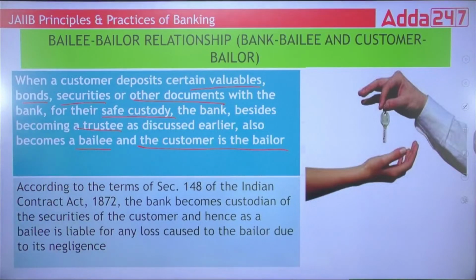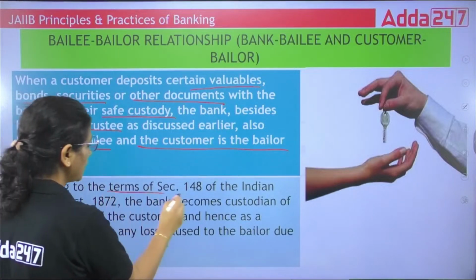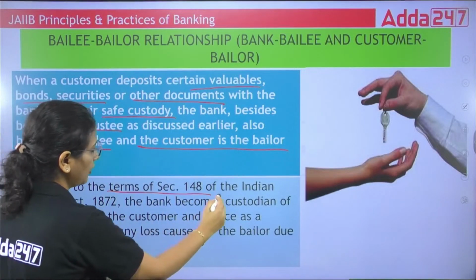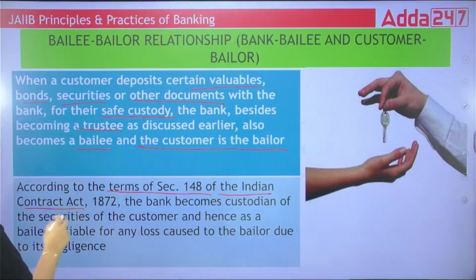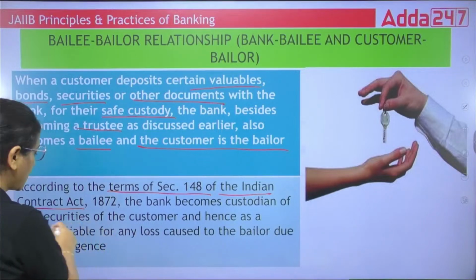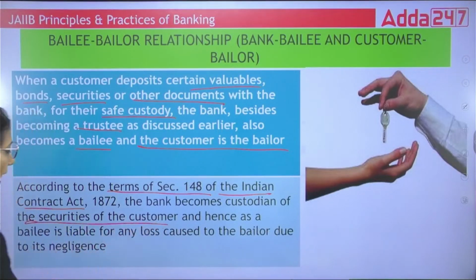According to Section 148 of the Indian Contract Act 1872, the bank becomes custodian of the securities of the customer and hence, as a bailee, is liable for any loss caused to the bailor due to its negligence.